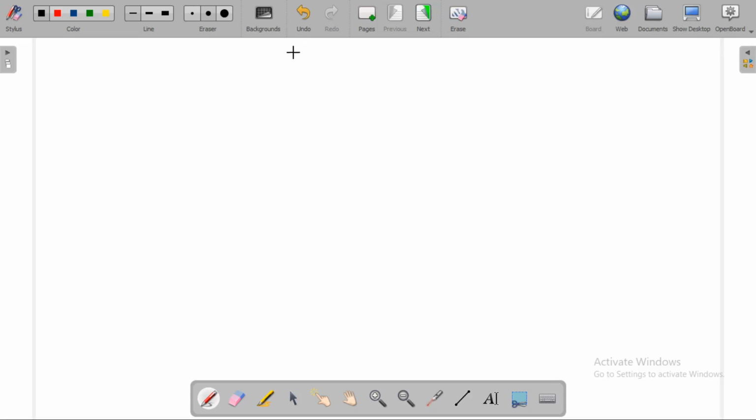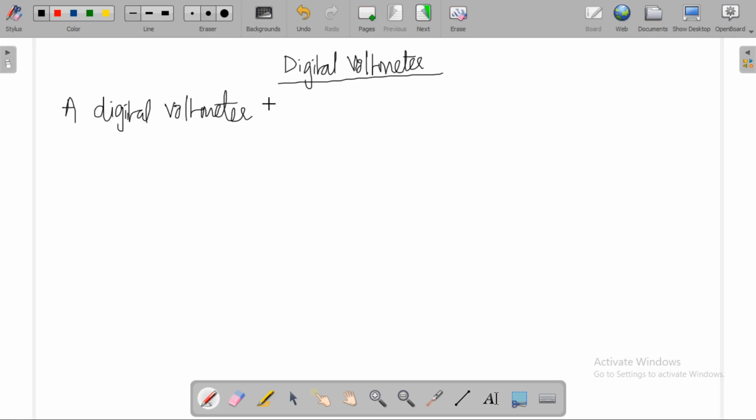Now we shall discuss about digital voltmeter. A digital voltmeter is used for the measurement of analog signals.